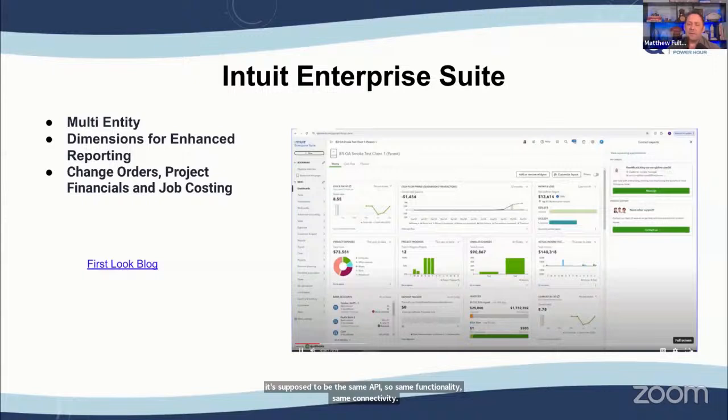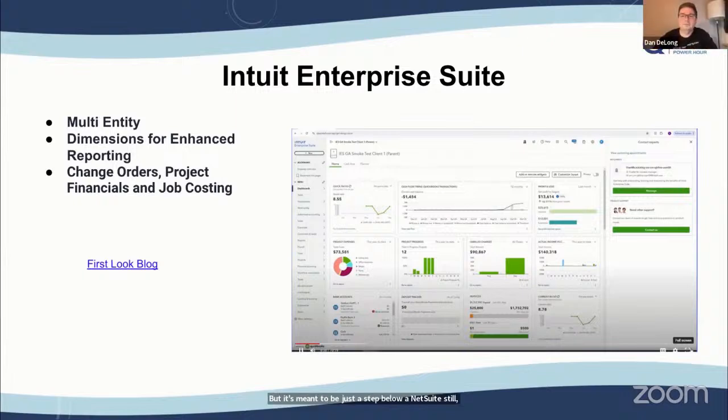This is their stab at the ERP world, but it's meant to be just a step below NetSuite still, I believe. That's not official language, so if I got that wrong, I apologize, but I do believe that's where it's supposed to be currently. I will push real hard to get access to push buttons and try to break this if I can.